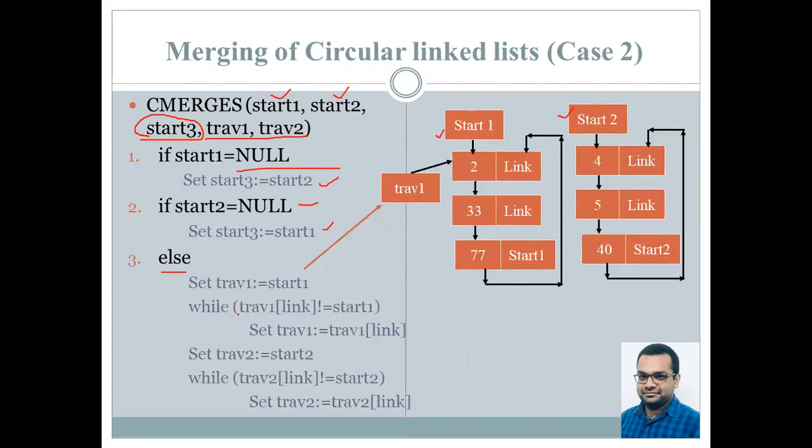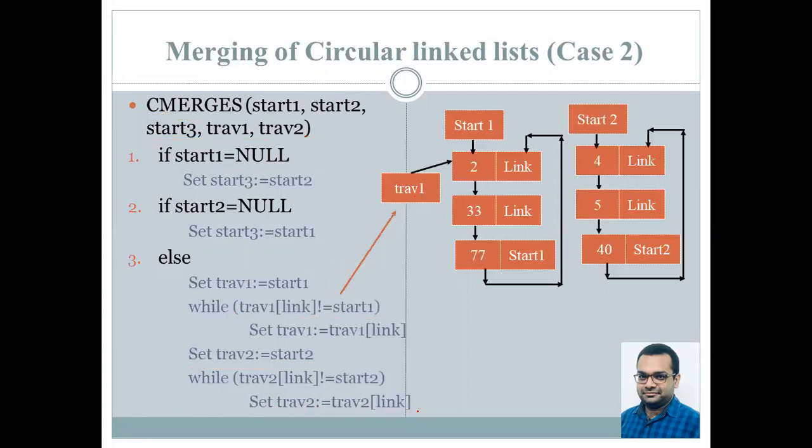We check until traversal's link is not equal to start1. That is, till we don't reach the last node, we keep on incrementing traversal1. Similarly, we initialize traversal2 with the address of the first node of circular linked list 2, and we keep on traversing till we reach its last node, incrementing traversal2.